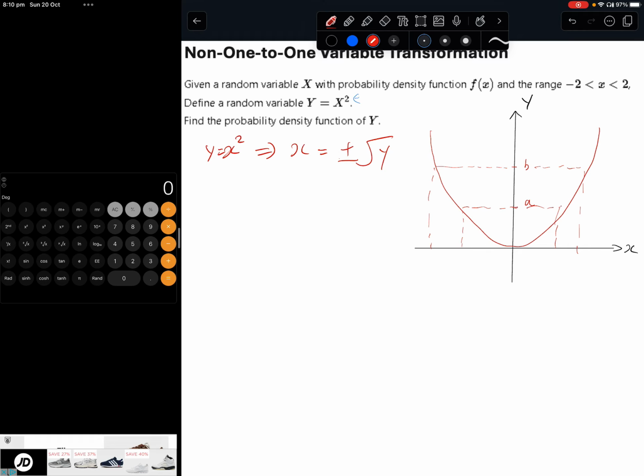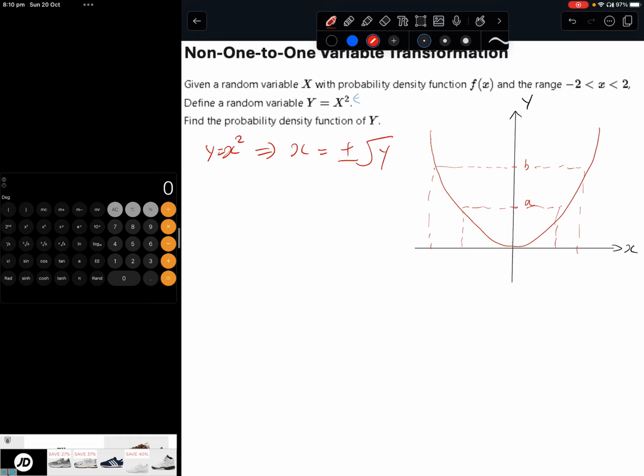So let's talk about how to solve this transformation step by step. We express x in terms of y using the relationship y equals x squared, so x will be equal to the square root of y, both positive and negative square root, as we mentioned before.